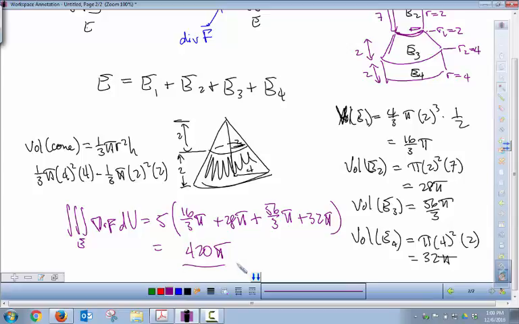All right. That's the first part. Let's get to the other integral that we have to do, which is a flux.